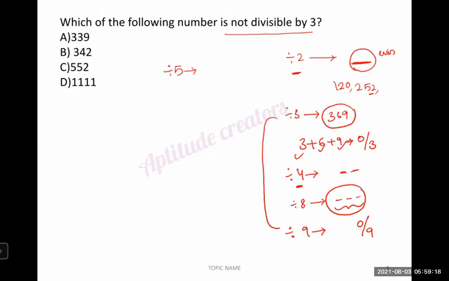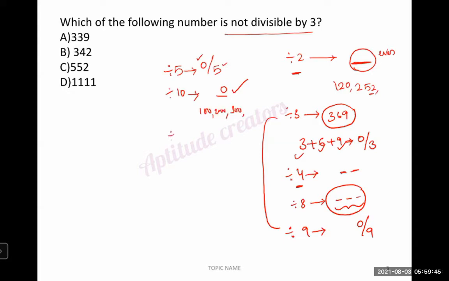If the unit digit is 0 or the unit digit is 5, then the whole number is completely divisible. Now, what is the divisibility rule for 10? If the unit digit is 0, then the whole number is completely divisible. For example, 100, 200, 300, like that.